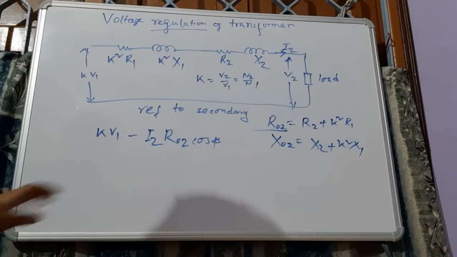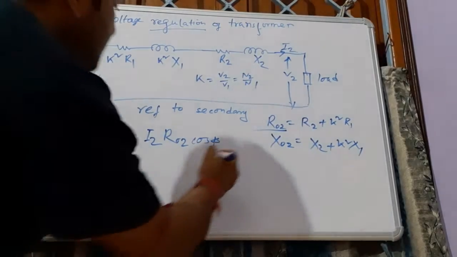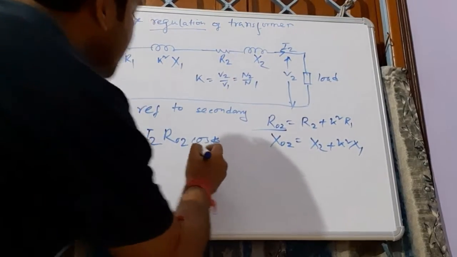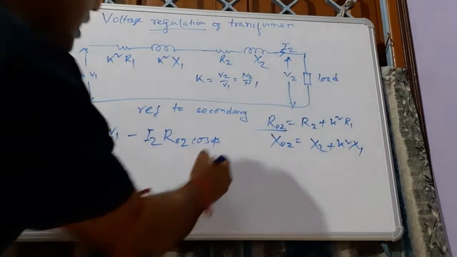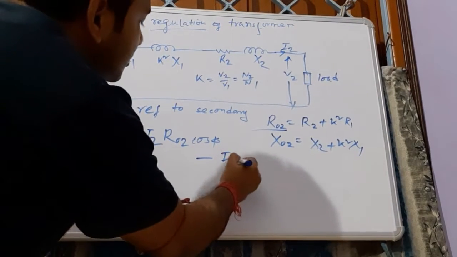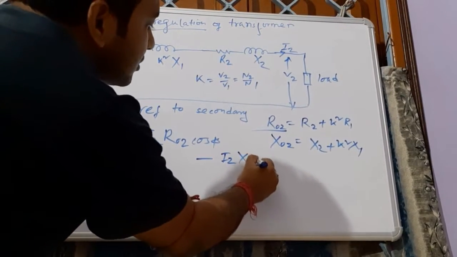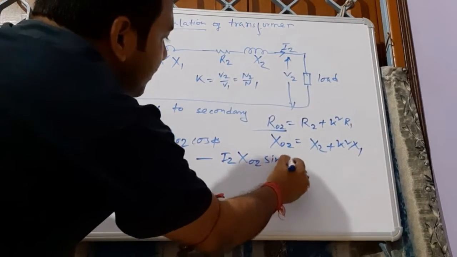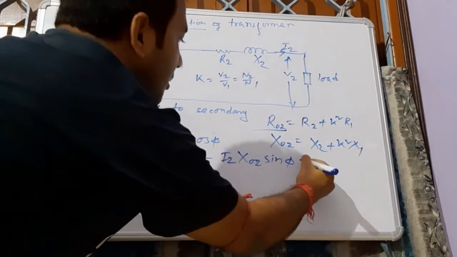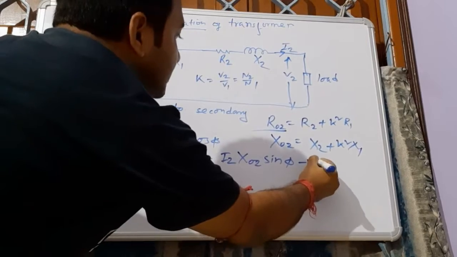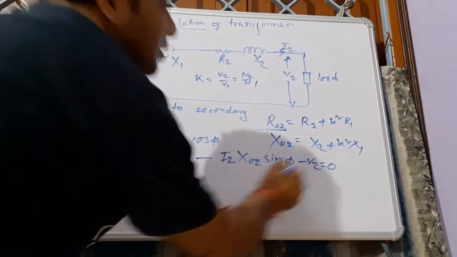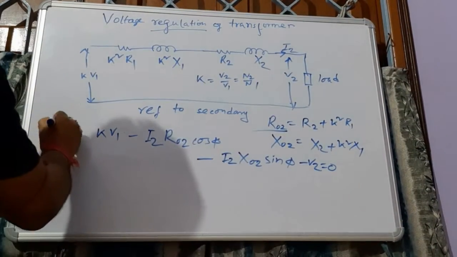Okay, I'm just writing the complete equation, then I will discuss. Plus I2 X02 sin phi minus V2 equals to 0, right? This is the KVL equation.